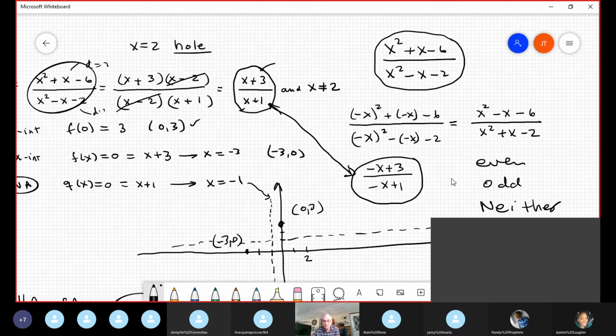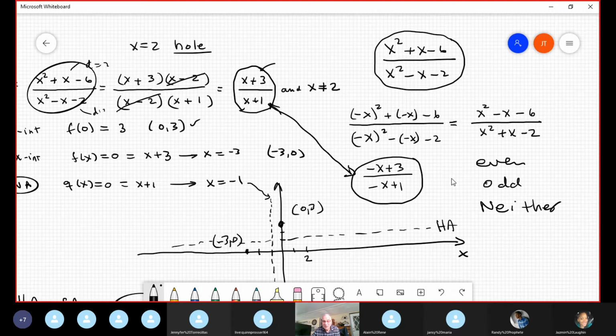It's completely different. Okay. Even is when you replace x for negative x, and the new function is a twin brother. Twin brother means exactly the same. No opposite sign. And you can see, for example, in the easy way, in my opinion, the best way to do it is using this. When you change x for negative x, this expression is completely different to this.